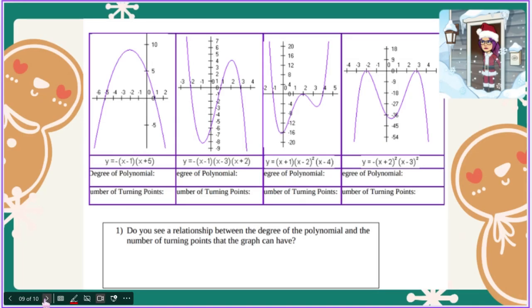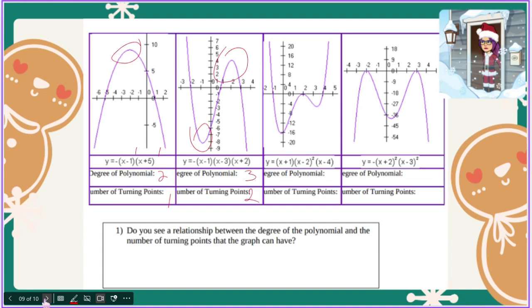All right, so here we are looking at the pattern. We're multiplying these two terms, so we add the exponents, back to the laws of exponents. Our degree of polynomial is 2, which means it will have 1 turning point. The next one, we have 3, so our degree of polynomial is 3, and it has 2 turning points.